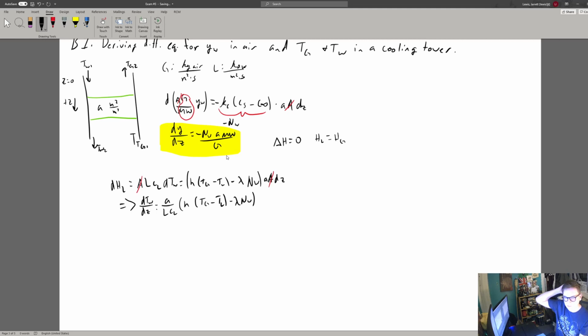And that will be our equation for the temperature of the water.